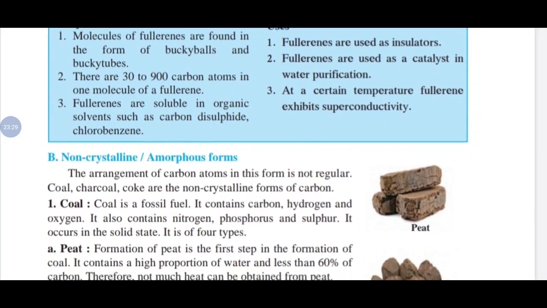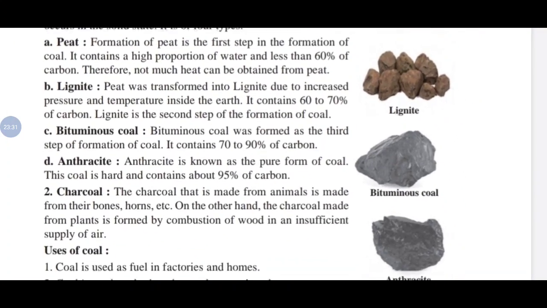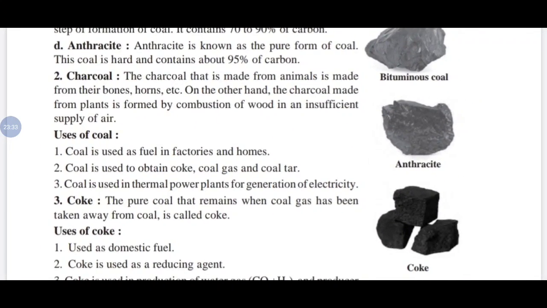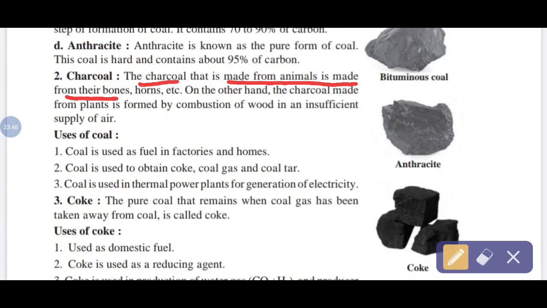The second non-crystalline allotrope of carbon is charcoal. The question is asked, how is charcoal formed? Only 3 lines are given. Underline. Charcoal that is made from animals is made from their bones, horns, etc. Clear?